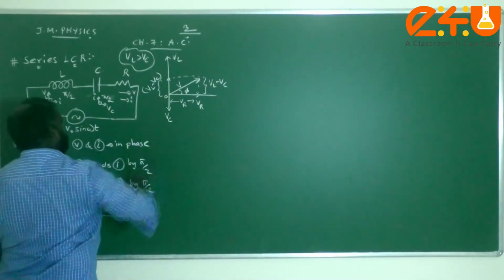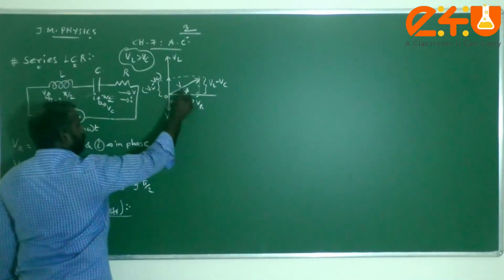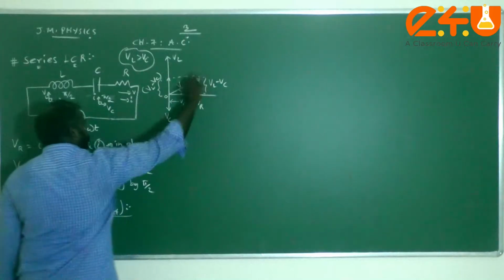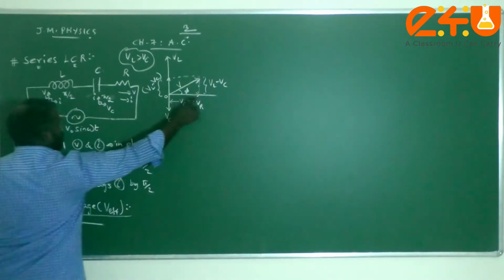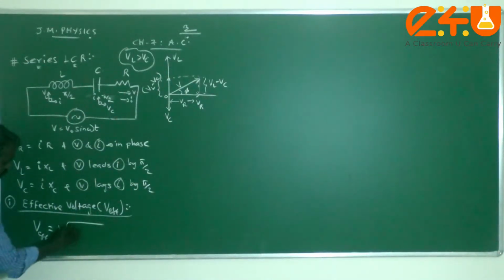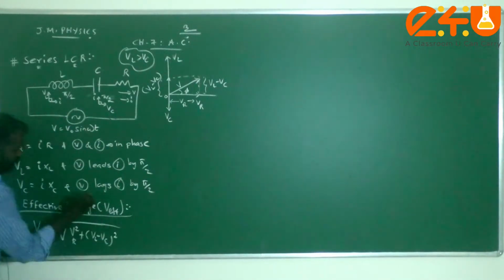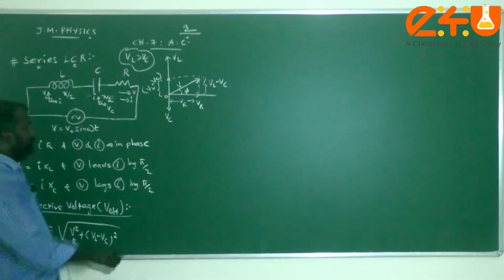From this voltage phasor diagram, this is a right angle triangle, so apply the Pythagoras theorem: V squared equals VR squared plus (VL minus VC) whole squared. Therefore V effective, or V net, equals the square root of VR squared plus (VL minus VC) whole squared. This is the expression for the effective voltage in the series LCR circuit.